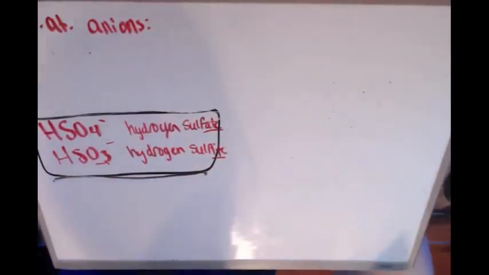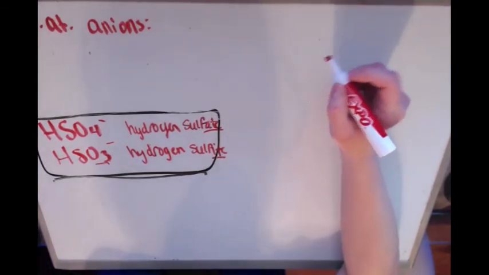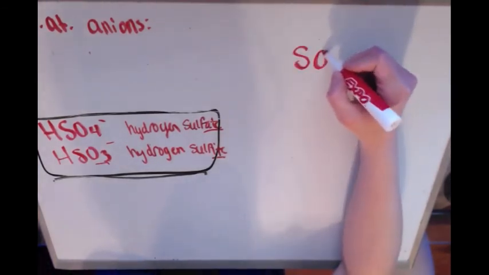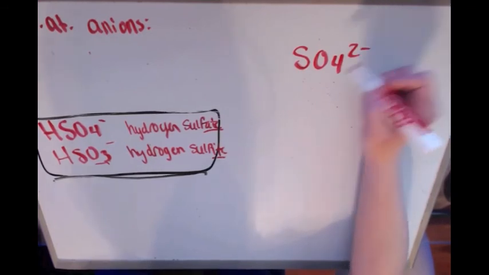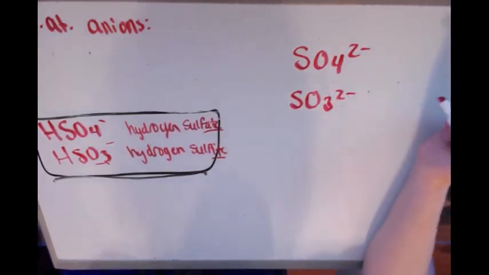Alright, so next on the list are our 2- polyatomic anions. Our polyatomic ions that have a charge of 2-. First one up is SO4 2- and SO3 2-.